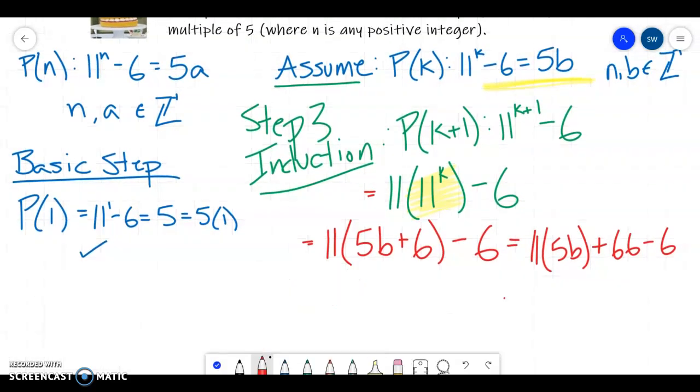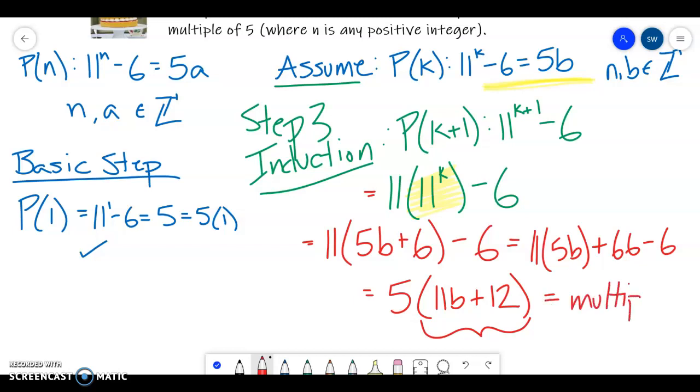So that could be written as 5 times 11b plus 12, where this is an integer, so this is a multiple of 5. So we have shown that if the kth term is divisible by 5, then the next term is also divisible by 5.